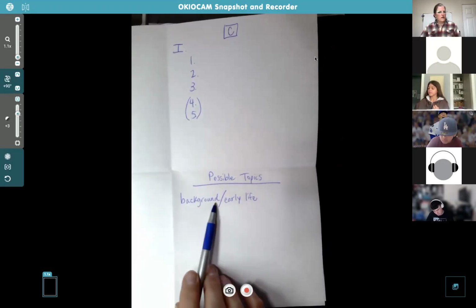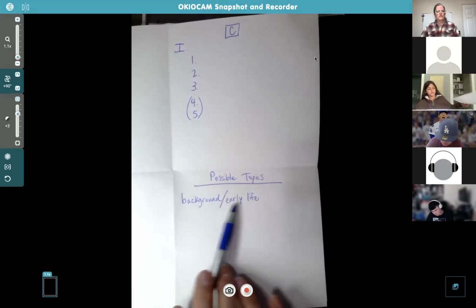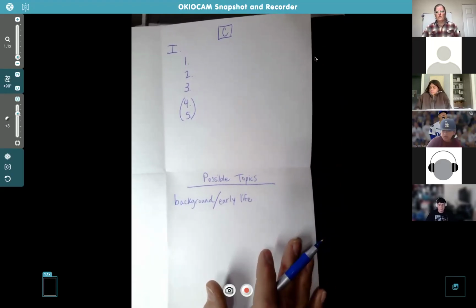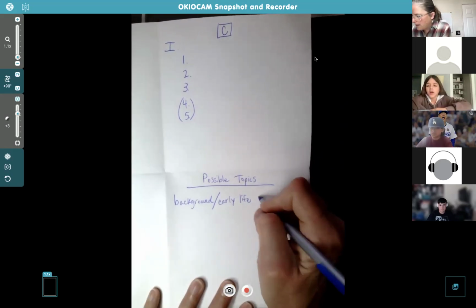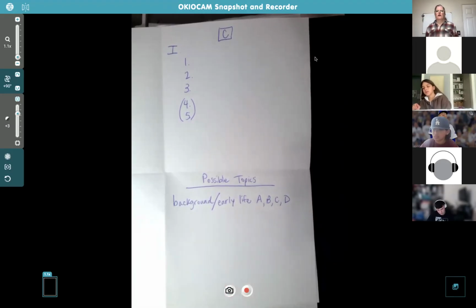That's fine. If you have background, put background. If you have early life, put early life. Use a slash and use both if you want, as long as you know what paragraph that is. And did we find that in all 4? We did. We have all of the things in all 4. Okay, good. Awesome. That makes it a little easier.